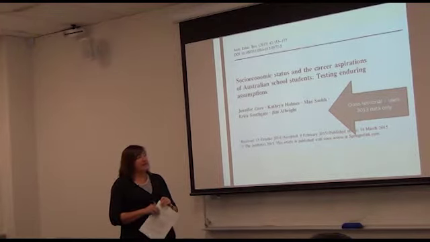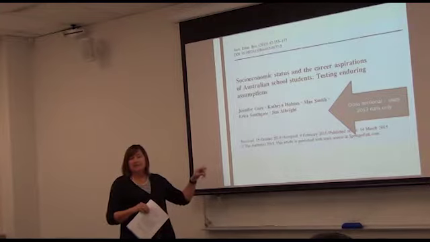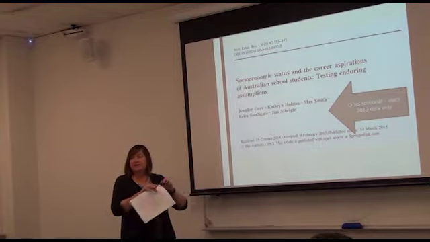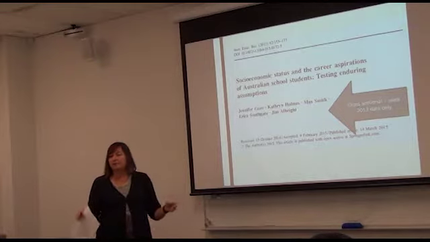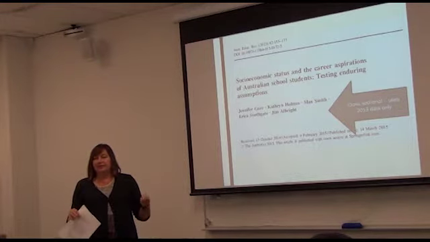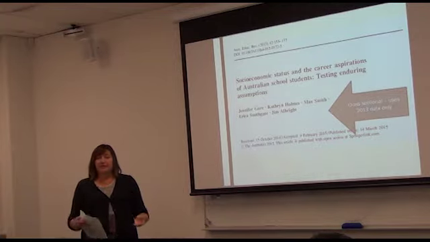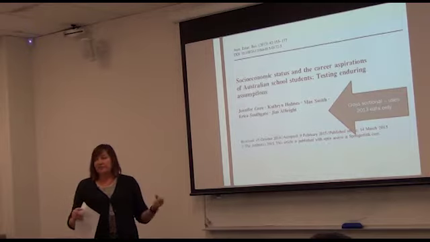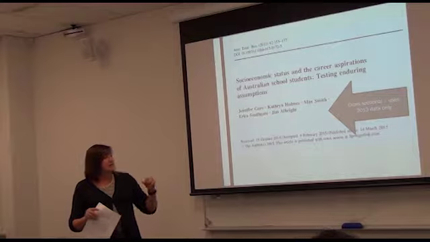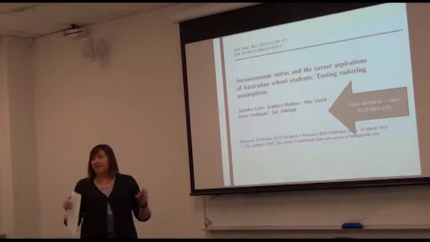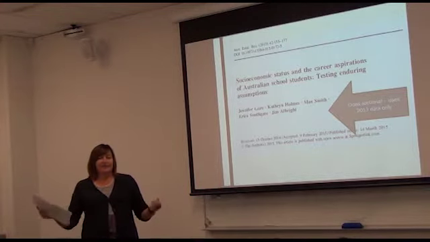Out of that really came the idea that SES, when you considered it in relation to a whole lot of factors, wasn't as important as some of the others, like prior achievement. So even if you're in the lowest socioeconomic status quartile for SES, if your achievement is high, you aspire as highly as anybody else.